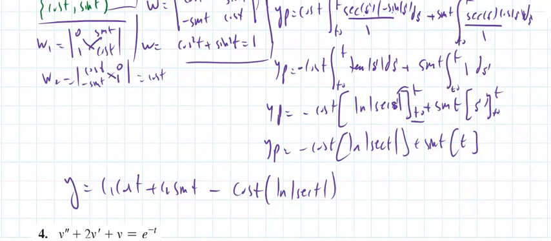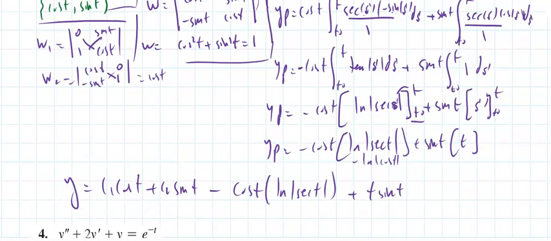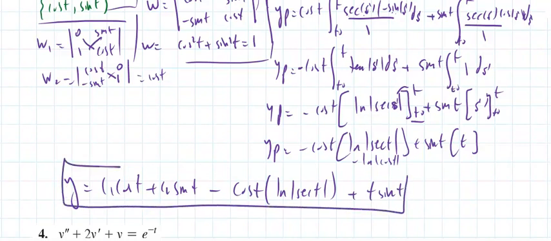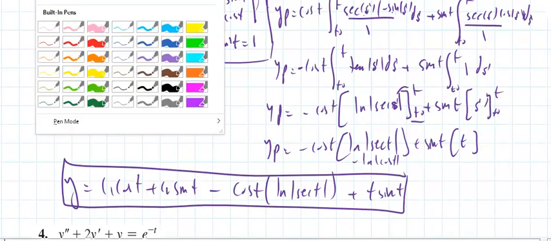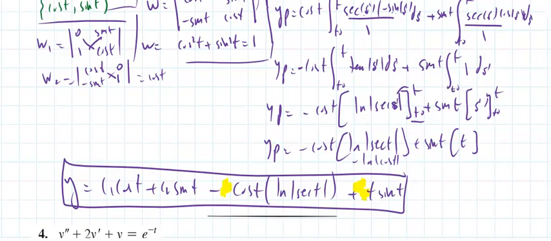Of course, you could say negative natural log of cosine of t if you wish, whatever makes you happy, plus t the sine of t. And notice we find the solution of the particular including coefficients. So there it is, just a formula to get used to.